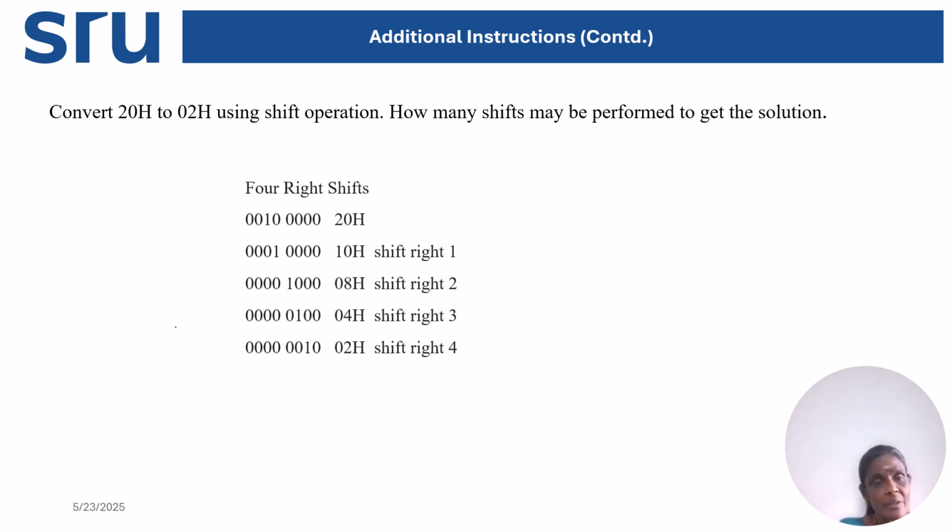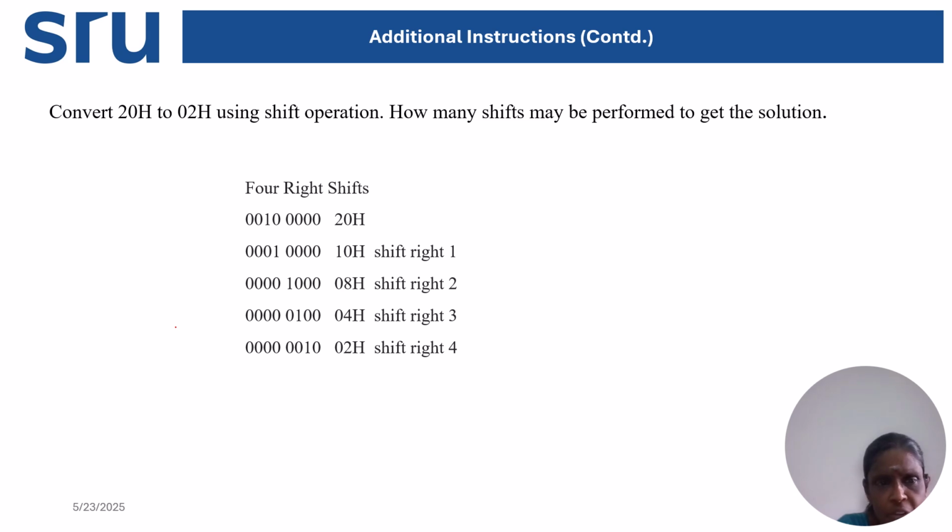So 20 is in hexadecimal. So 0 0 1 0 0 0 0 0 is equivalent to 20 hex. And then first right shift, it is without carry, so easy only. So 0 0 0 1 0 0 0 0.